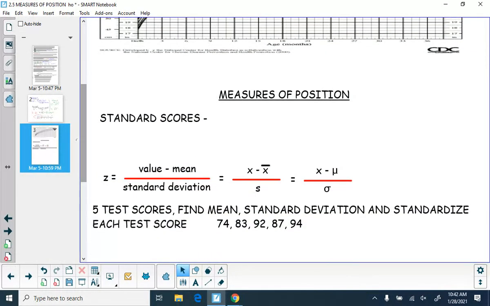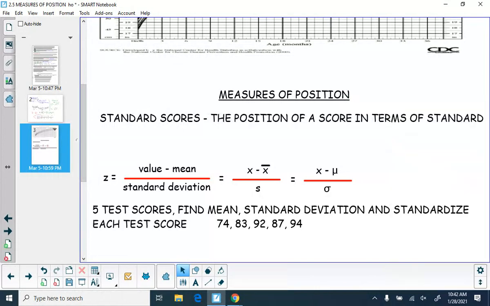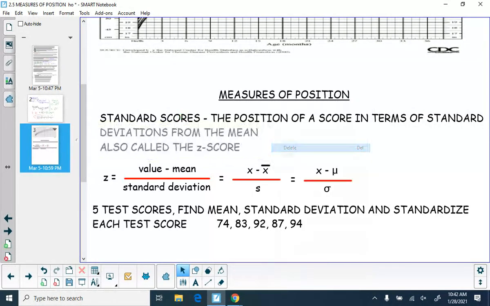Standard scores. Last thing we're going to do is standard scores. It's a position of scores in terms of standard deviations away from the mean.